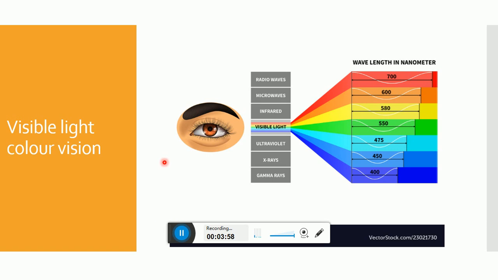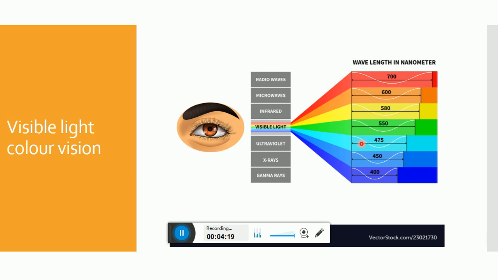Now the visible light and color vision. The visible wavelengths of the electromagnetic spectrum are between 400 and 780 nanometers. The color of any object is determined by the wavelength emitted or reflected from the surface. White light is a mixture of wavelengths of the visible spectrum.